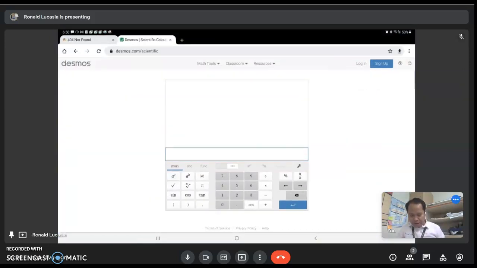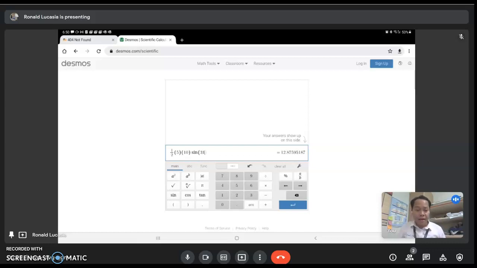So we have 1/2, 1 divided by 2, and then multiply it by 5 times 10, and then sine 31 degrees.